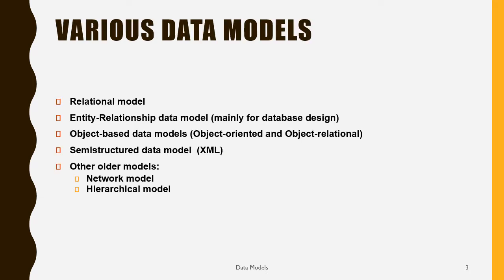What are the various data models? A few of the data models are the relational model, entity relationship data model, object-based data model, that is object-oriented or object relational data model, semi-structured data models like XML, network model, and hierarchical model.